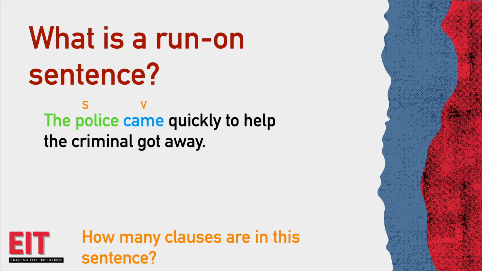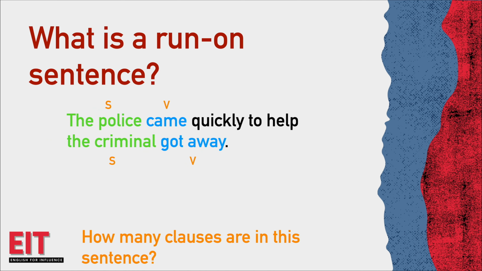But we have another clause in here, another set of subject and verb. Can you guess what that is? So in the second clause, the criminal is our subject and got away is our verb. So therefore, we have two clauses in one sentence.